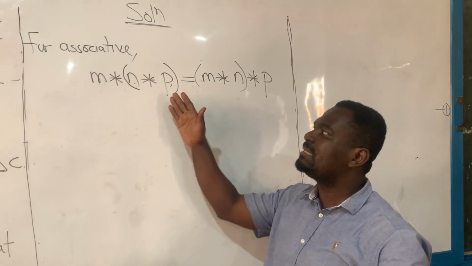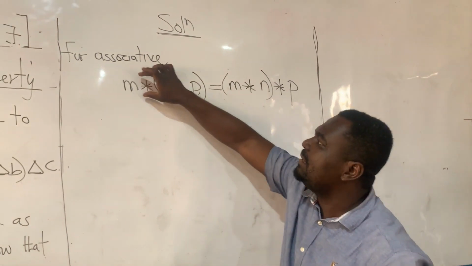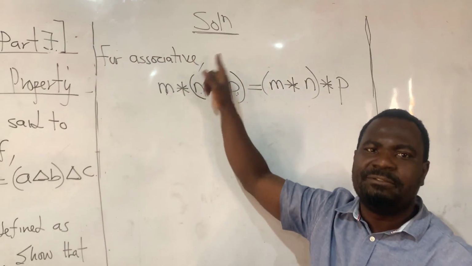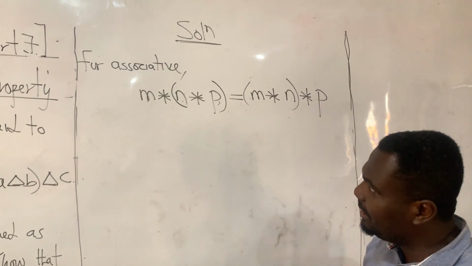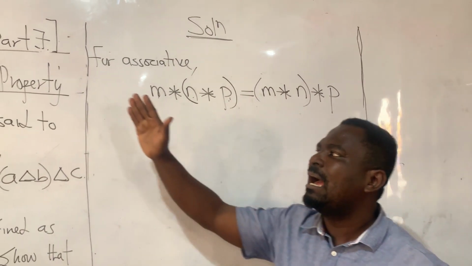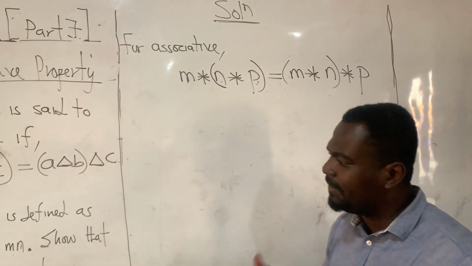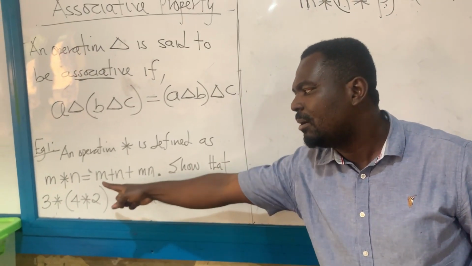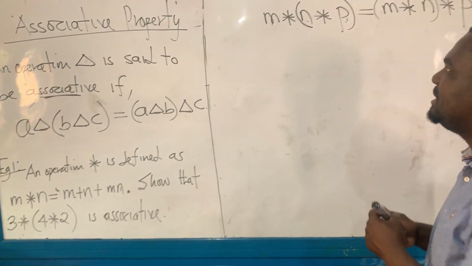Okay, in that case, when you write it in this way, you are testing for associative property. All right, so this is the condition for the associative property. But with my case, to show that this is associative.